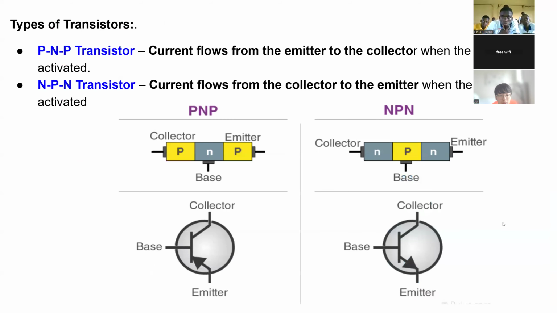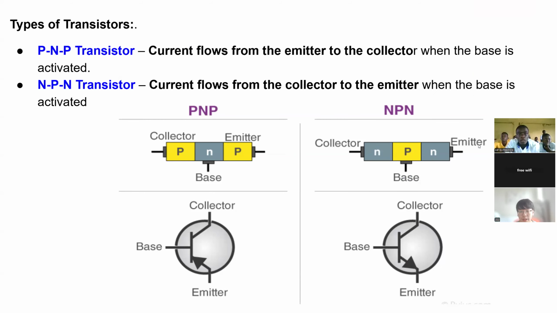And these are just types of transistors. This is not really important, but they might ask you this in a question. Why is it not important? Because it might be a little difficult as a concept, but they might still ask you.